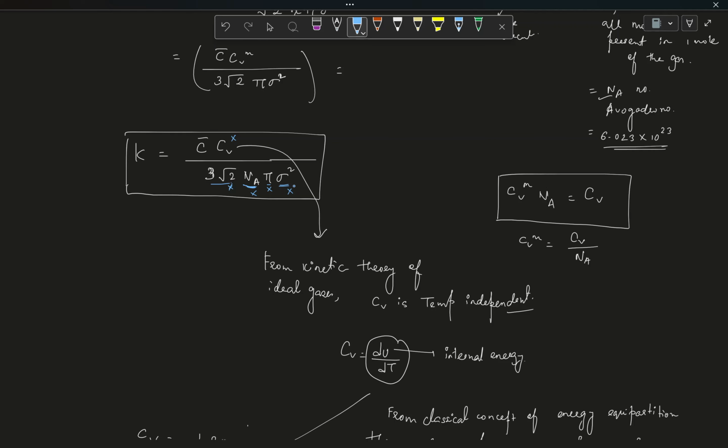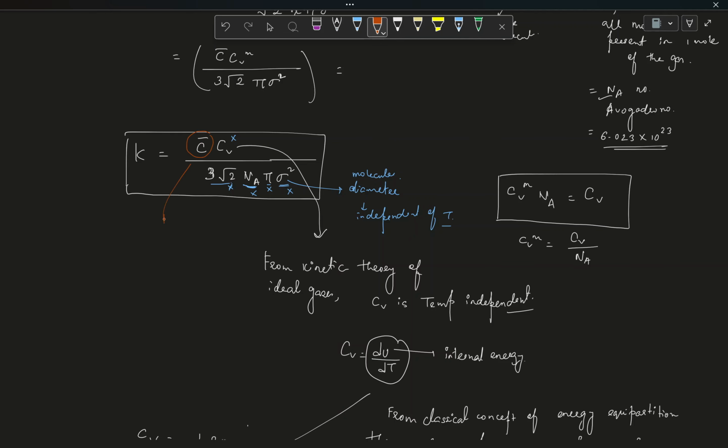And that should not depend on temperature; at least for ideal gas assumptions, there is nothing mentioned that sigma should depend on temperature. So it is independent of temperature. The only term you are left with is this C bar term.